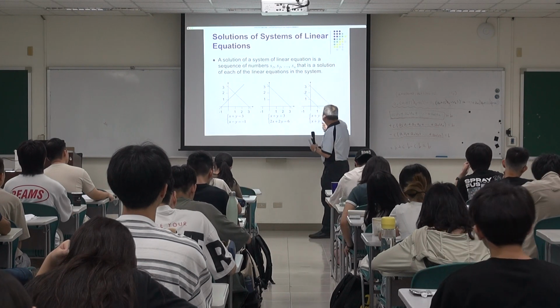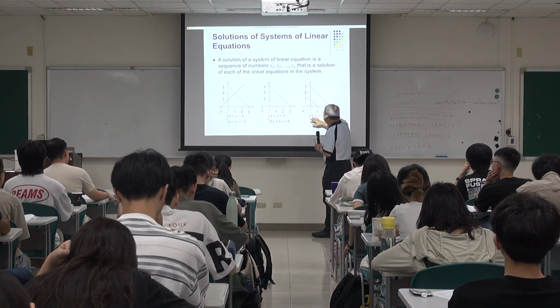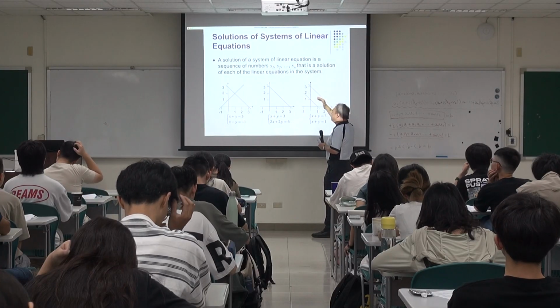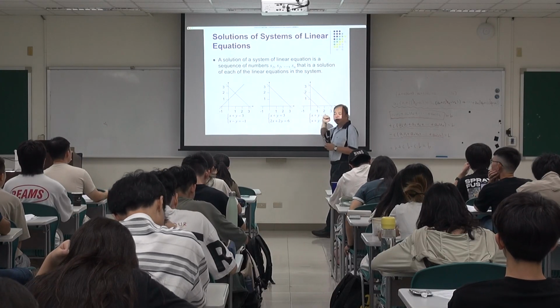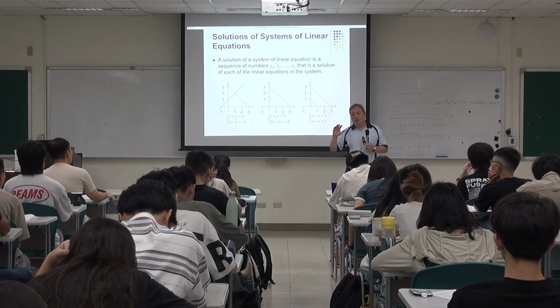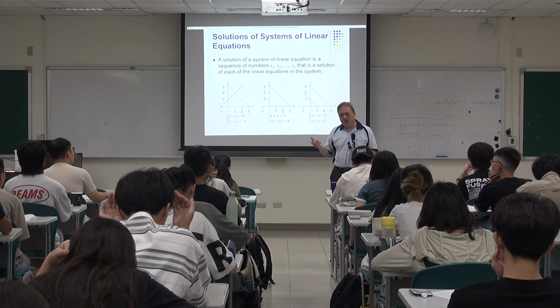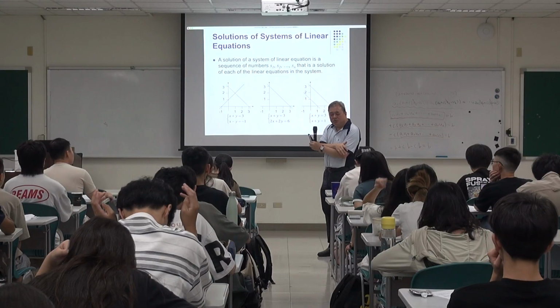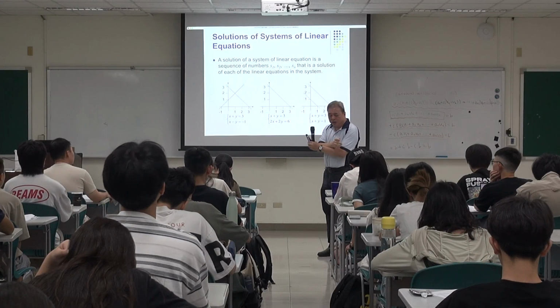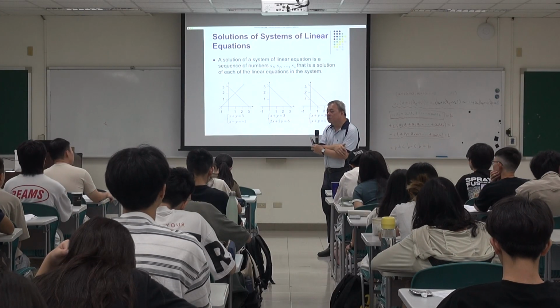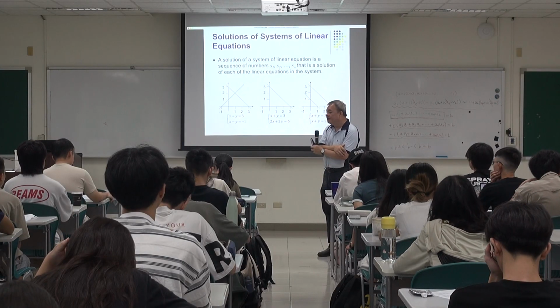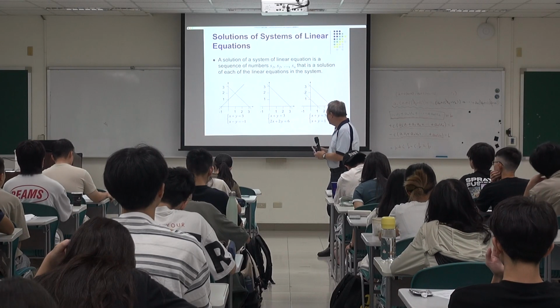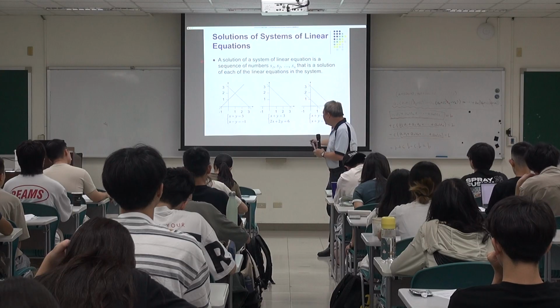The third one is like, these two linear equations, unfortunately, are parallel, and they have no intersection. In geometry, an intersection means the solution for this system, right? So this is the two-dimensional case.